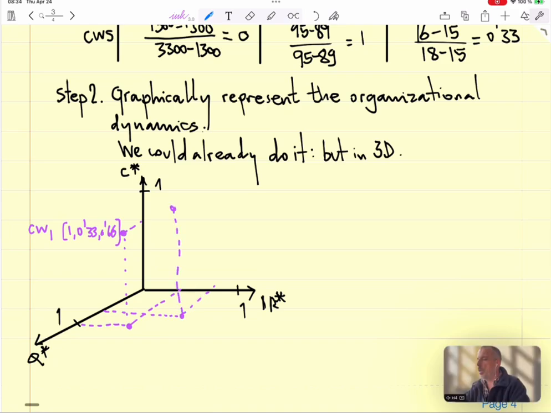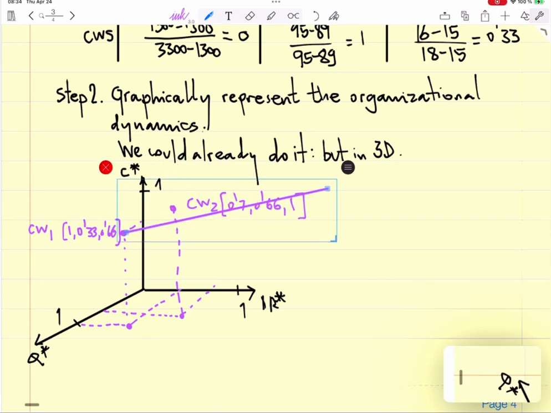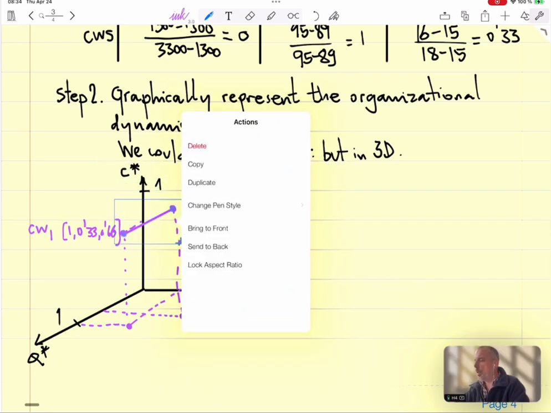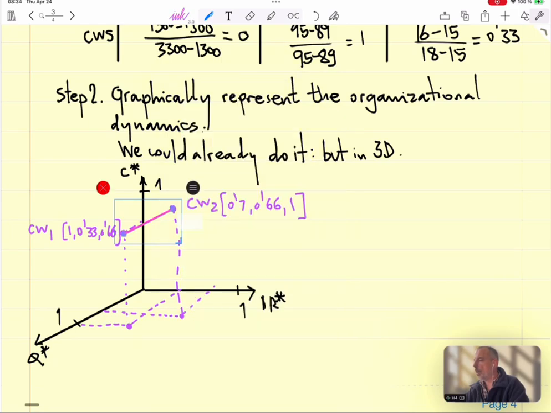So this is calendar week 2: 0.7, 0.66, 1. And we can say that the organization is moving from this position to the next position. And this would be correct, but not for us.